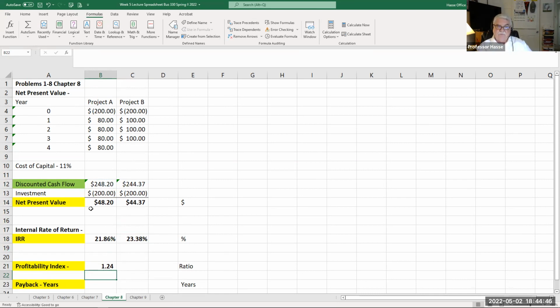Notice when I did the formula, I put in a negative sign before the investment to make that positive so we can see that relationship in a positive number. The profitability index is a ratio of the discounted cash flow to the investment. In other words, the discounted cash flow is 1.24 times greater than the investment. That's the ratio. Well, what would it be for project B?